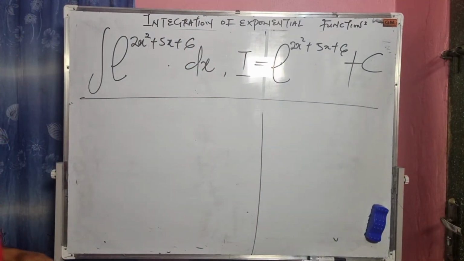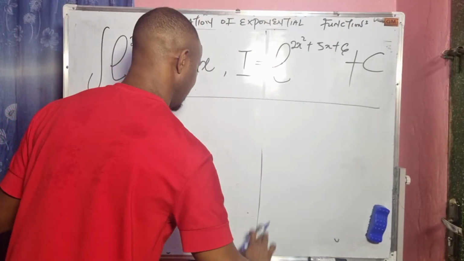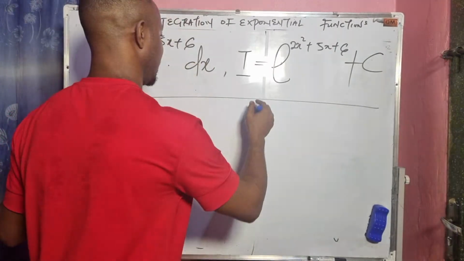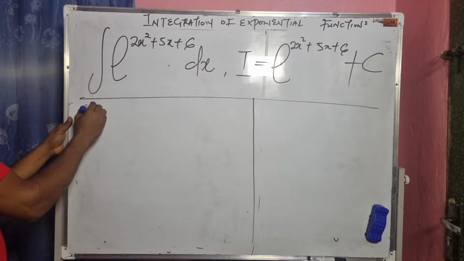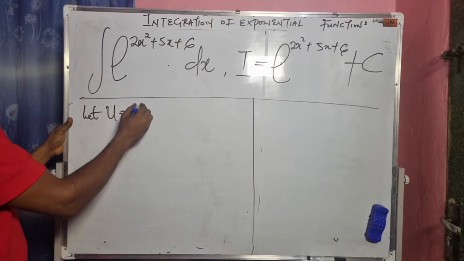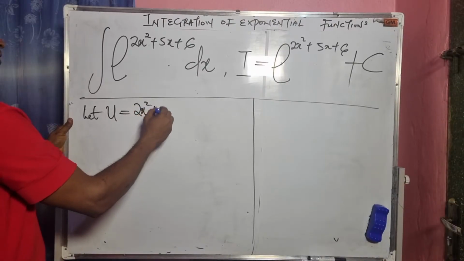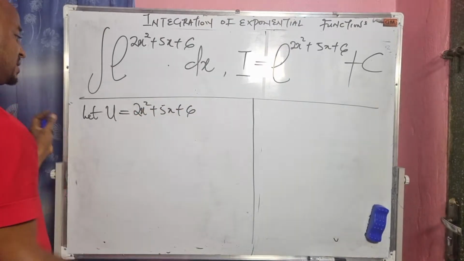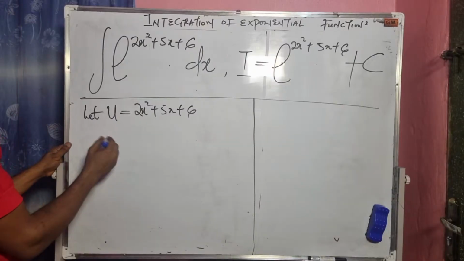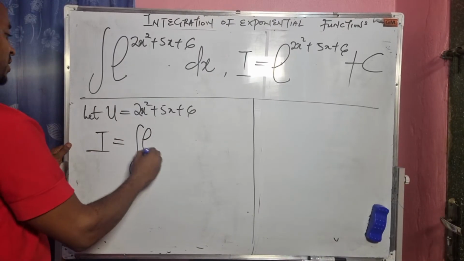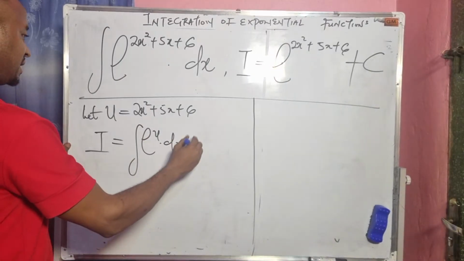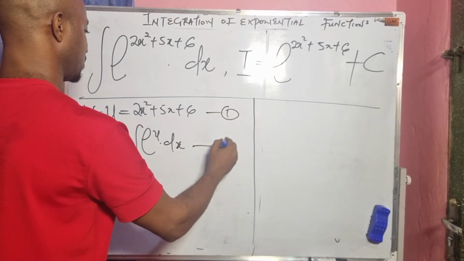This is for any quadratic function. The reason being that, let me explain one or two things. Even though we are to make this as u, let's say let u equals 2x squared plus 5x plus 6, and you are saying that I becomes integral of exponential u dx. This is equation 1, this is equation 2.